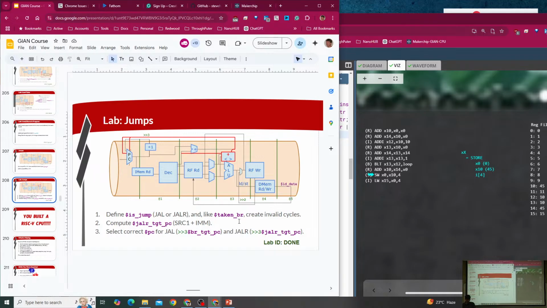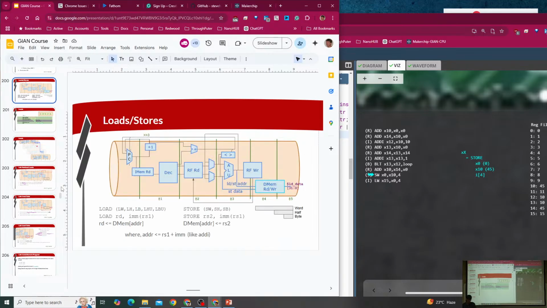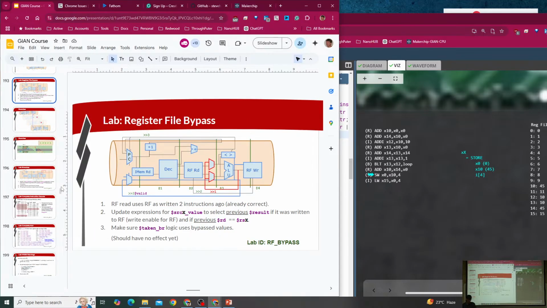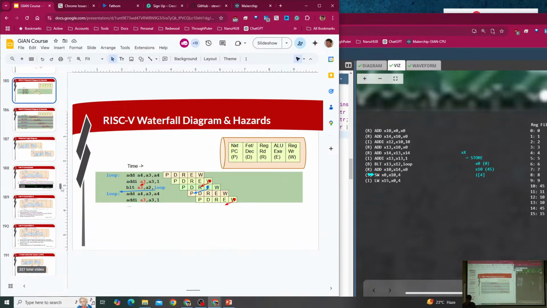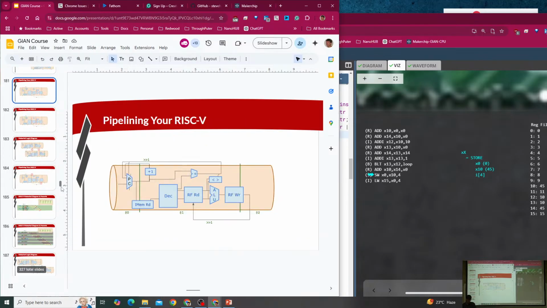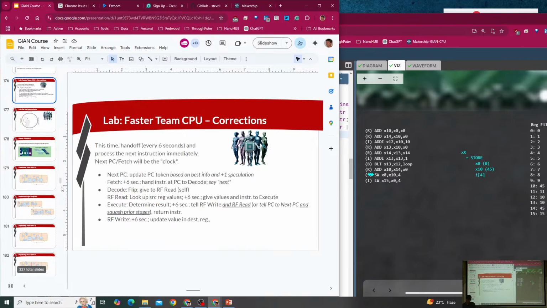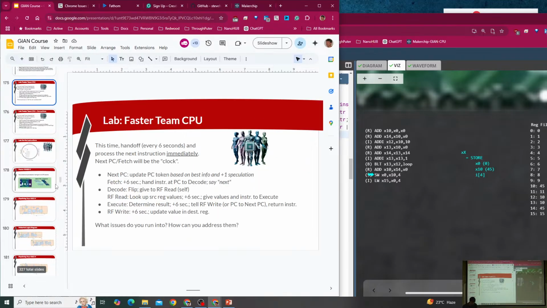And just like we did for taken branches, we will address the control hazard, meaning the update to the program counter and the dependency on the following instructions, by creating 2 invalid cycles after the jump, right? So we have the same picture we had before. Let me just go up to that, somewhere back here.